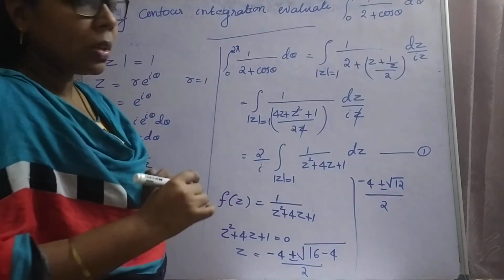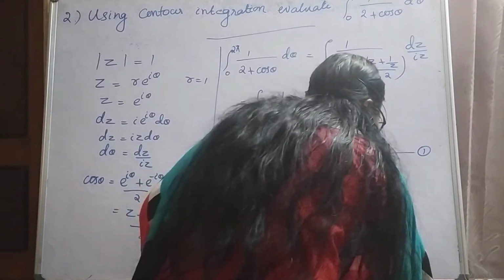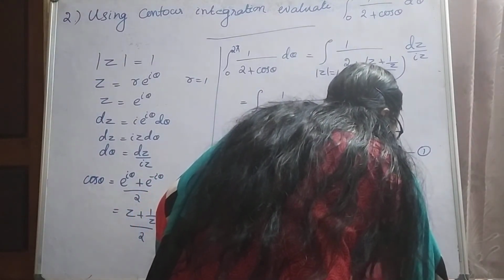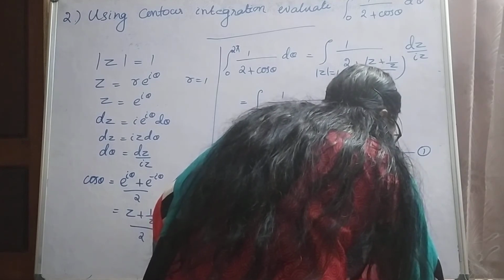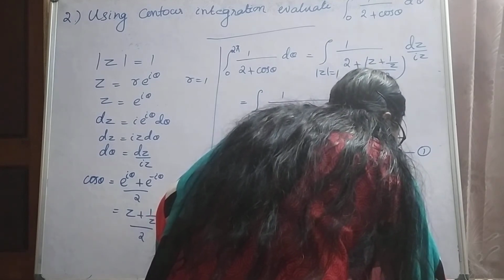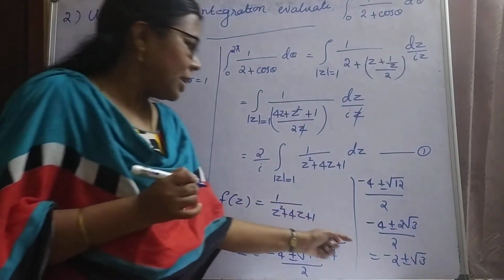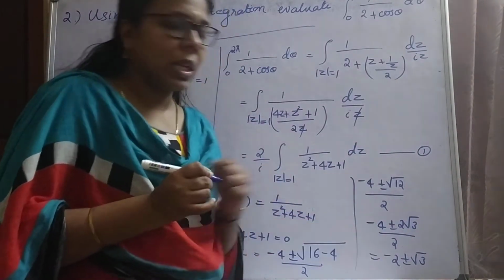What is root 12? 2 root 3. Minus 4 plus or minus 2 root 3 by 2, which is minus 2 plus or minus root 3. Here we get two singular points. They are minus 2 plus or minus root 3.